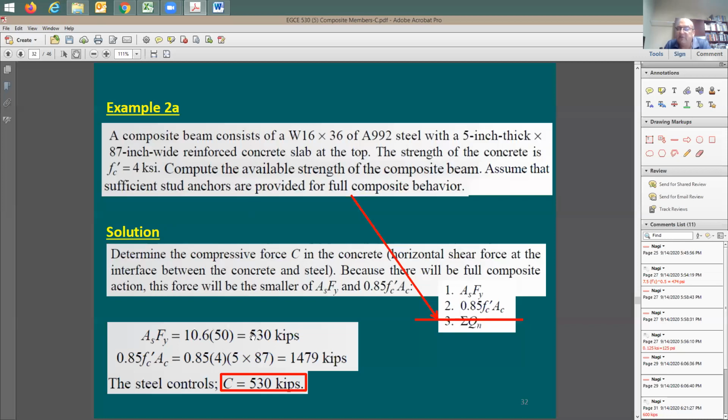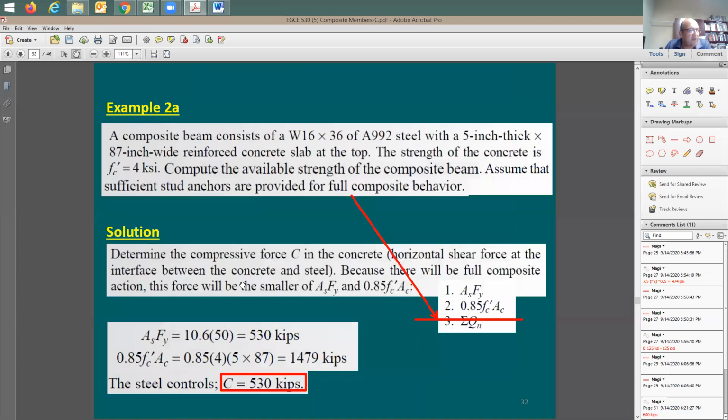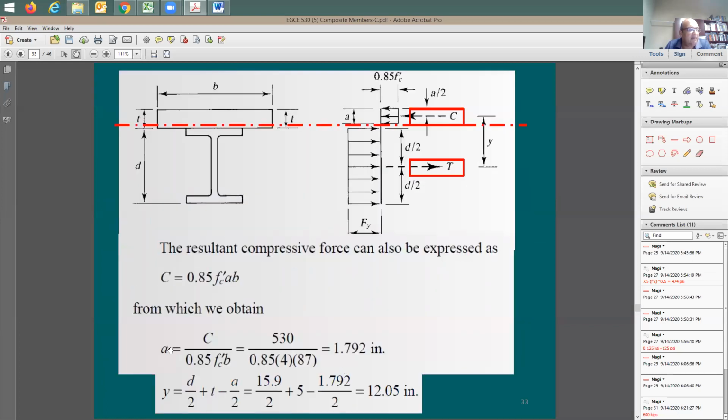This is very similar to what we do in concrete design. Here's the compression force, 0.85 f'c a b. This is exactly what we have done in concrete design. And the tension force is going to be equal to what? 530 kips, because tension equals compression. Do you remember this equation in concrete design?